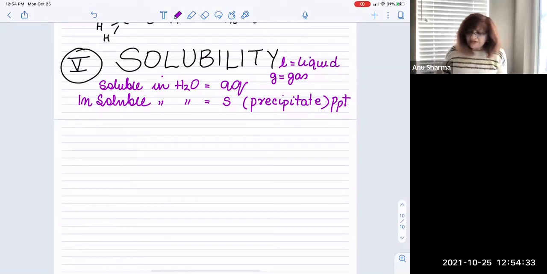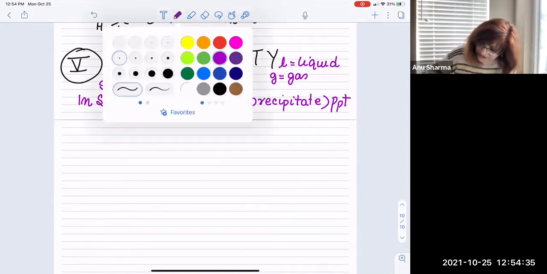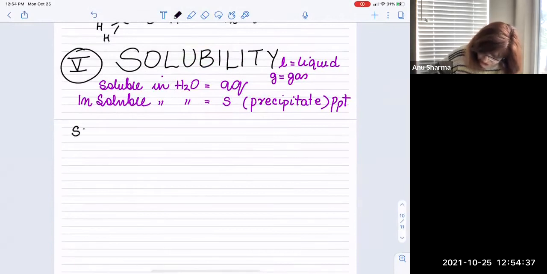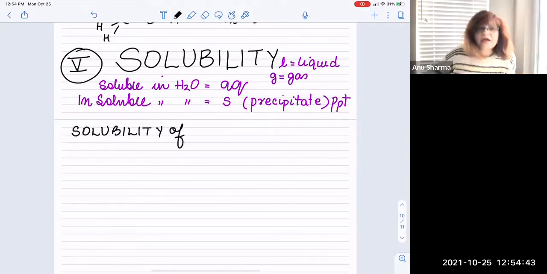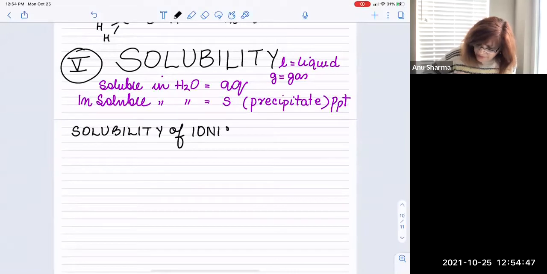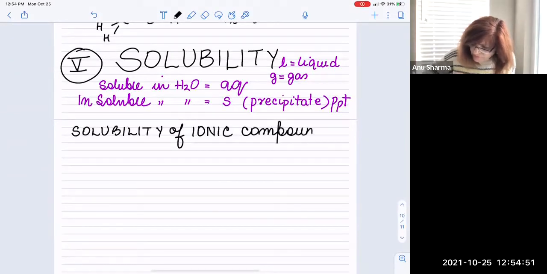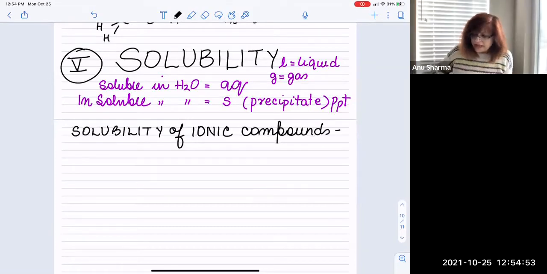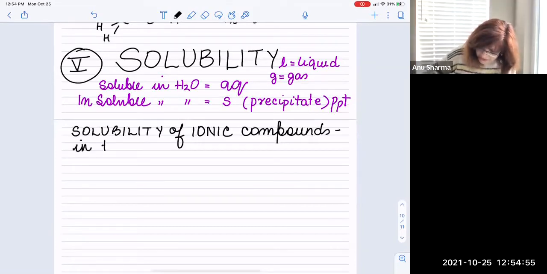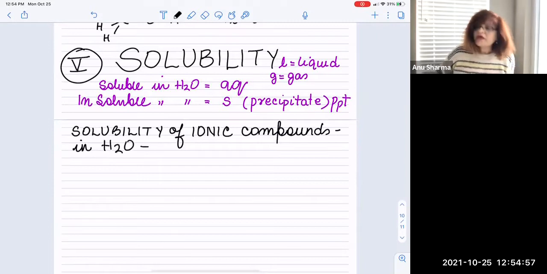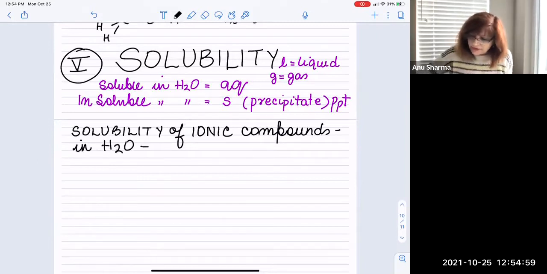That's the states. Okay. So now let's look at the solubility as it relates to water. Solubility of ionic compounds in water.